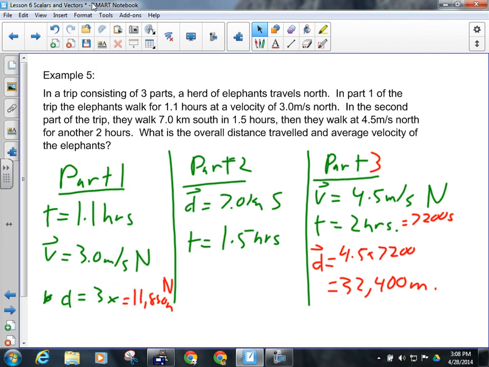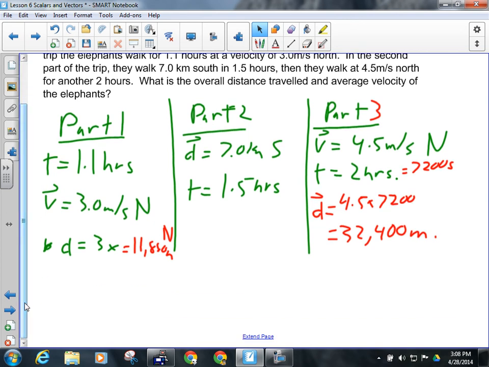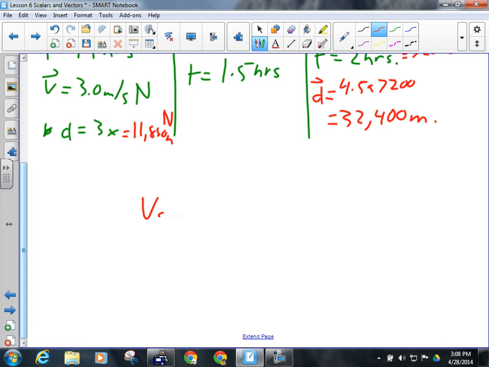What's the average velocity of the elephants? If I want to find average velocity, what two things do I need? Average velocity is total displacement over total time. Well, I've got the times.